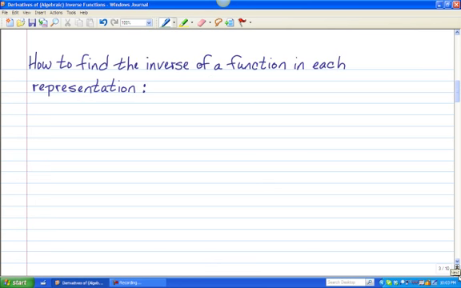You probably then learned how to find the inverse of its function given each one of these representations. So remember, the first representation was that as a relation. And I'm sure you learned that if you have a function given to you as a relation, all you simply do is swap the x and the y values.